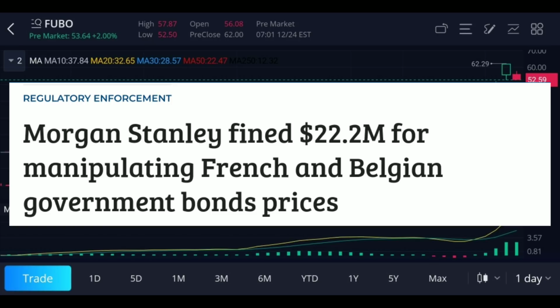In December last year, France's financial markets regulator fined Morgan Stanley 20 million euros over market manipulation at the height of the Greek debt crisis. Regulators said Morgan Stanley had manipulated French and Belgian bond prices in June 2015 with the aim of causing an abnormal and artificial rise in sovereign bond prices and reselling them for a profit.